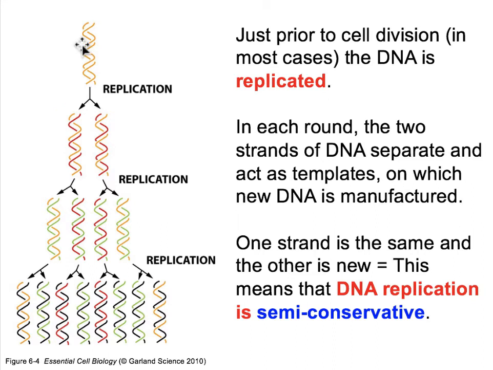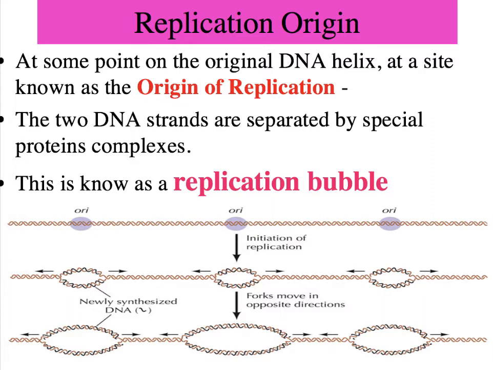As illustrated here, replication results in the separation of the 2 strands of DNA in a DNA double helix and the generation of a fresh new strand opposite each of those original DNA templates. This process continues from generation to generation, resulting in the preservation of the original parental strands and the formation of fresh new strands.